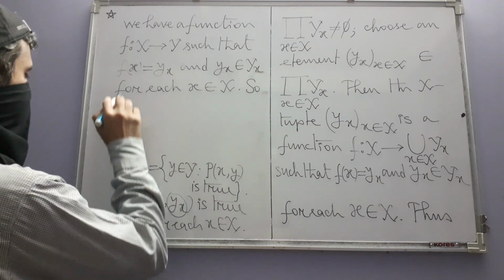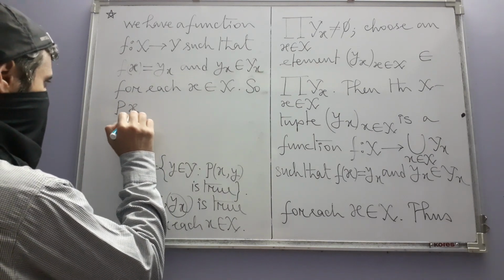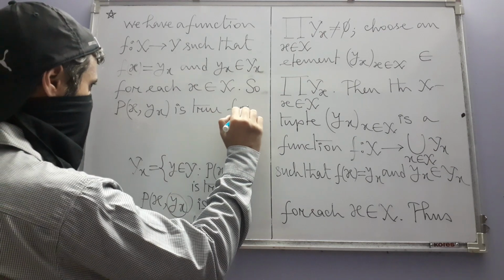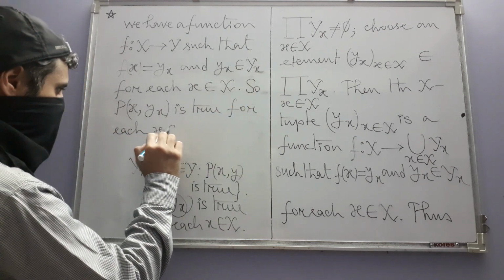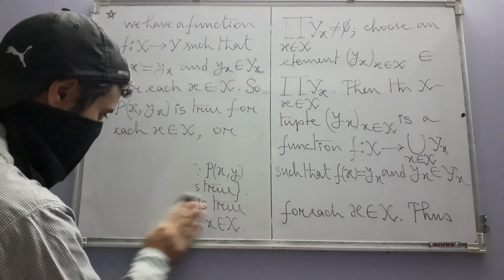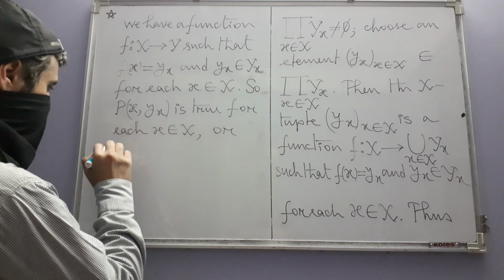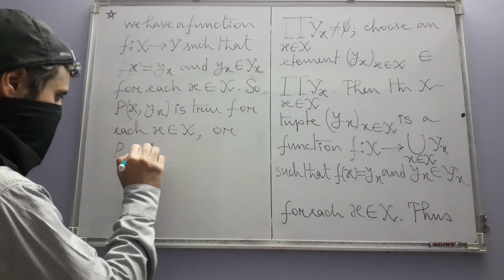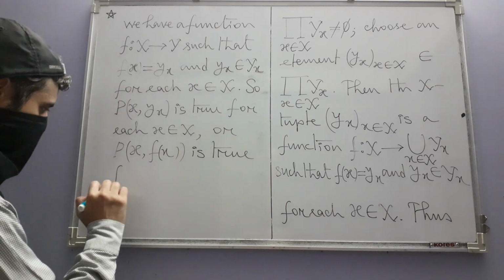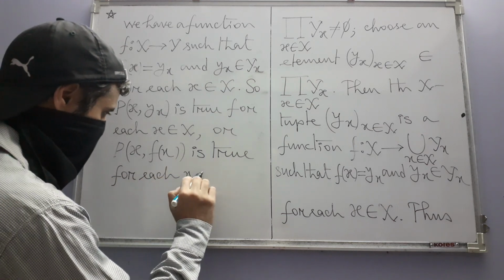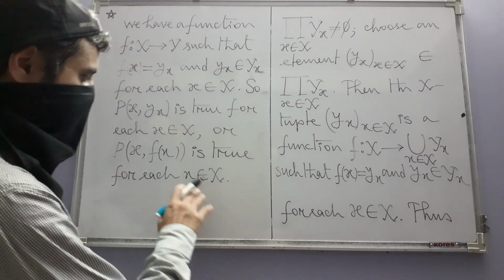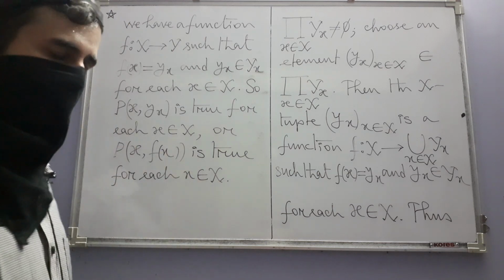Or in other words, this is true for each x in X, or P of x comma f of x is true for each x in X, and this is precisely the conclusion of proposition 847 that we wanted to prove. So one half of our solution is over.